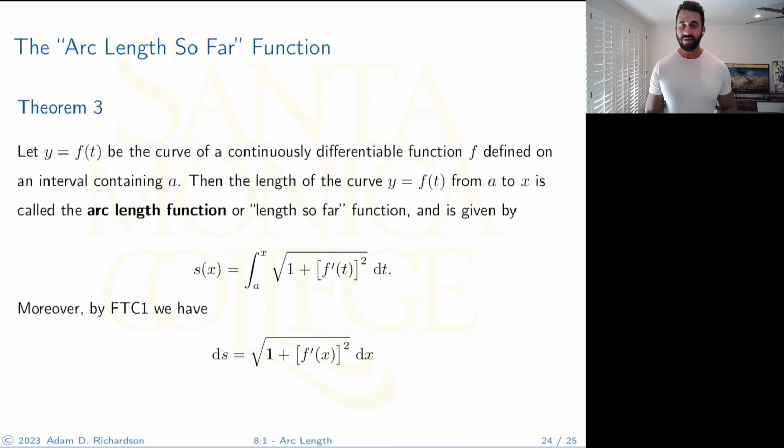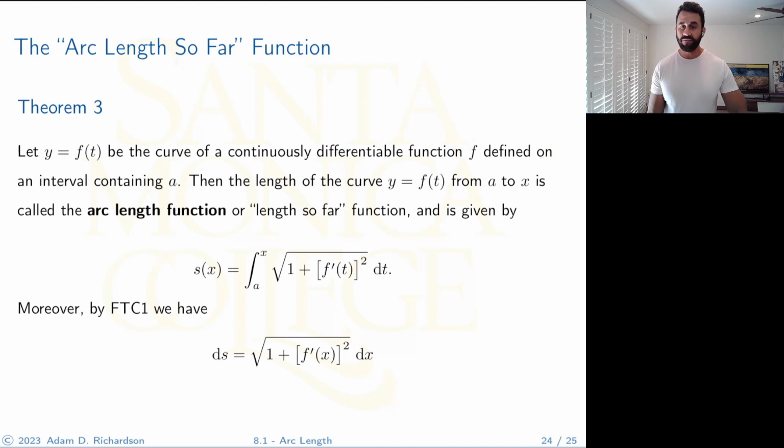All right, now that we've got the formula, we can talk about the arc length so far function. And this is really just what it sounds like. It's just finding the length of a curve up to some point. And you can change that point and talk about the length as you go along, like the area so far. So let's say we've got a curve of a continuously differentiable function f defined on some interval containing a.